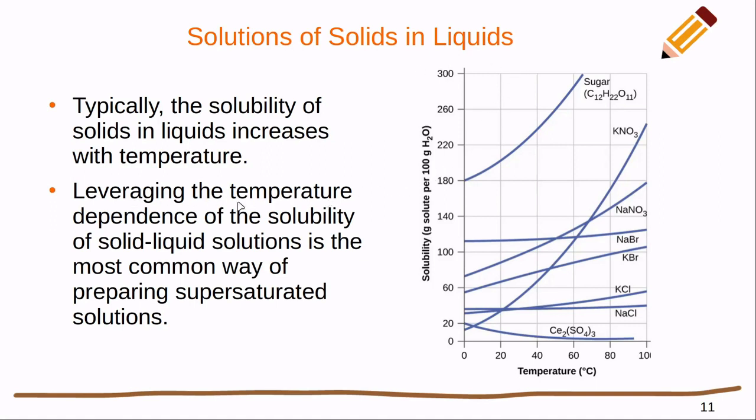So leveraging the temperature dependence of solubility of solid-liquid solutions is the most common way of preparing supersaturated solutions. So what I'm going to do is heat up my solution. I'm going to put a whole bunch of sugar in there, and then I'm going to cool it back down. At some point, the concentration that was here is not going to be able to hold as much at a lower temperature, and I'm going to have that supersaturated solution.